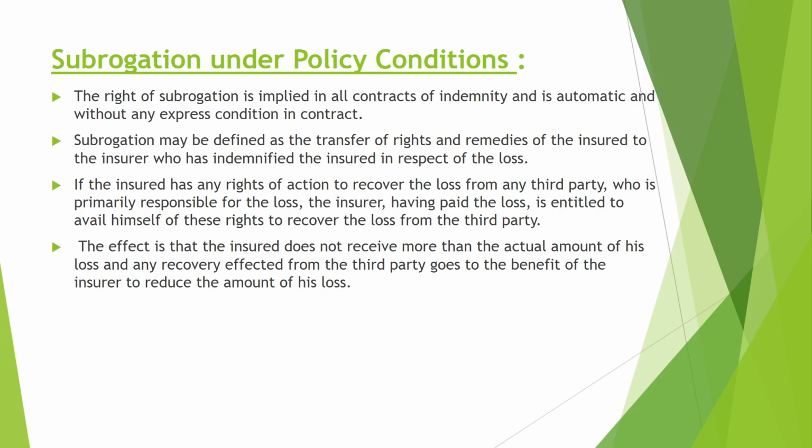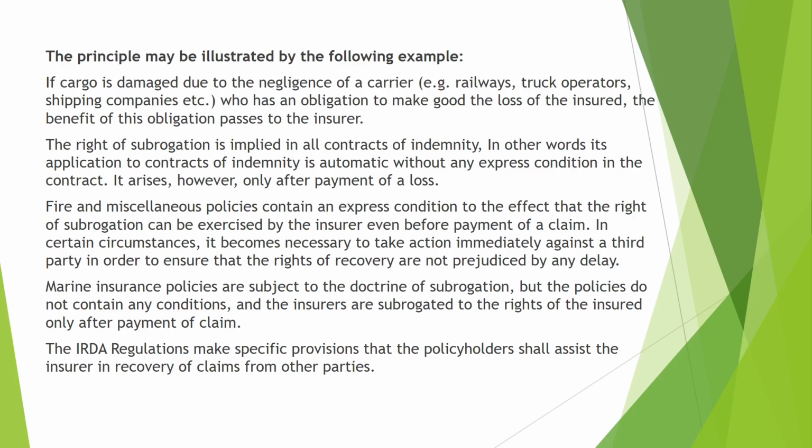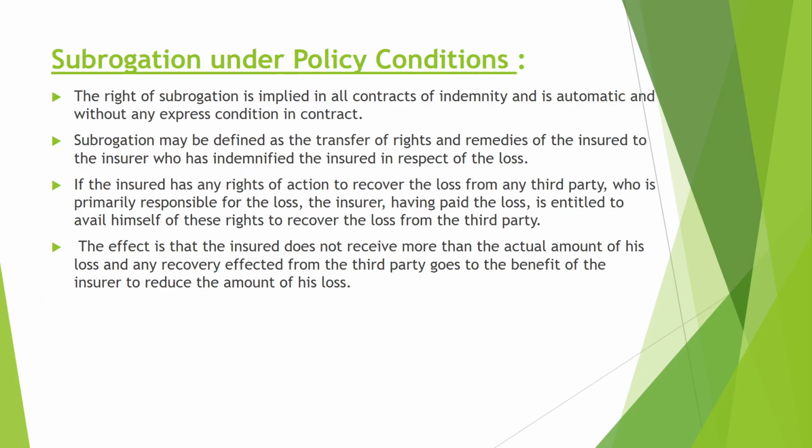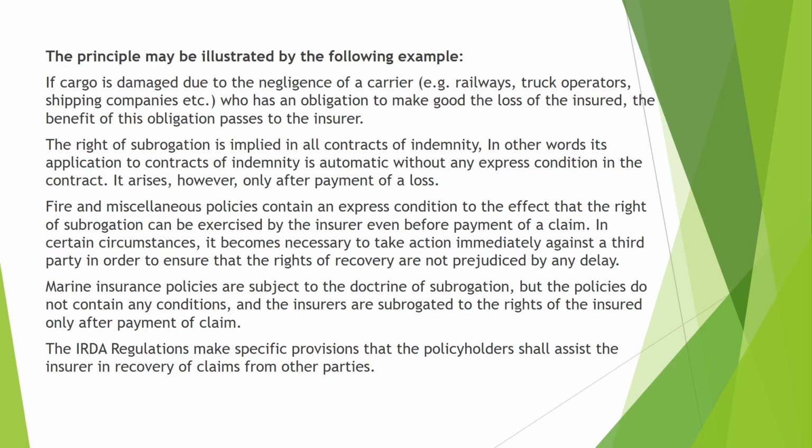Okay, so if the insurer is paying you the damage, you are not entitled to get the damages from the third party. According to this principle, the insurer will be entitled to get the compensation from the third party. You are not able to get that. The principle may be illustrated by the following example. Let's see what subrogation means.